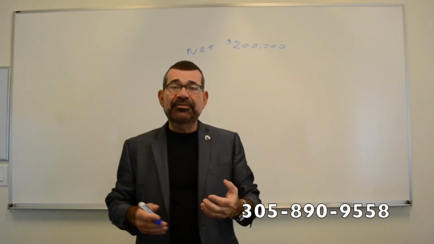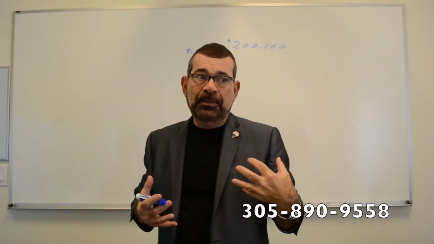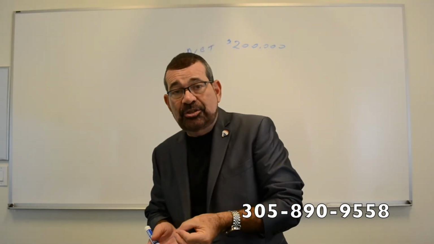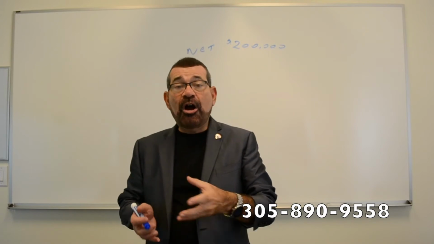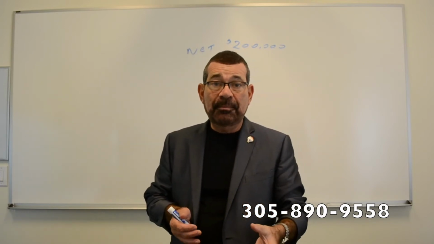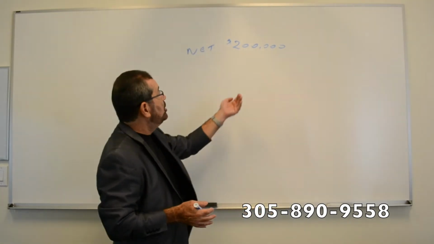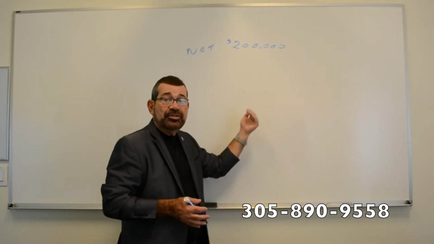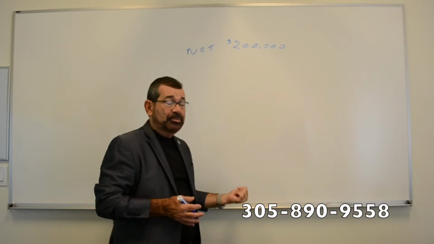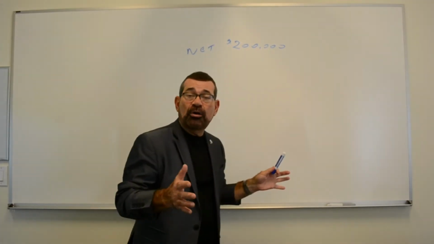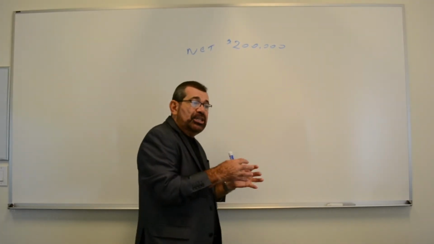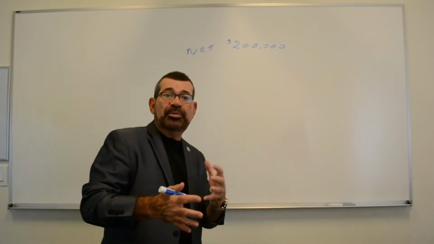Now the question is, if he wants to cash $200,000, how much do you need to sell it for? That's what you need to do the calculation for. Now we need to do a reverse math, because we know how to calculate a commission, and let's use this moment to talk a little bit about that.